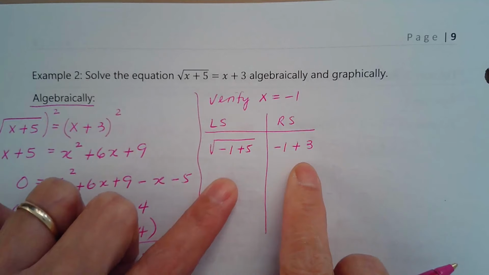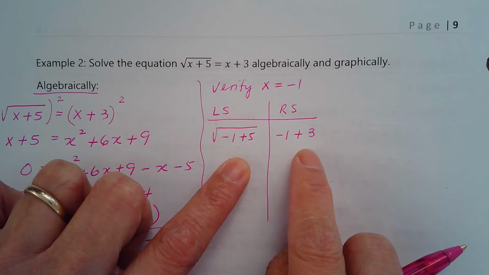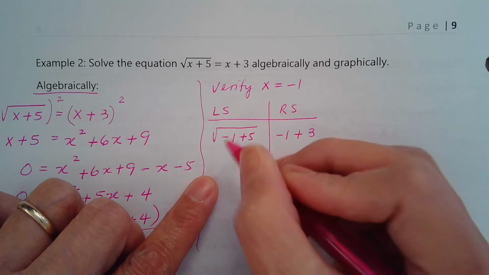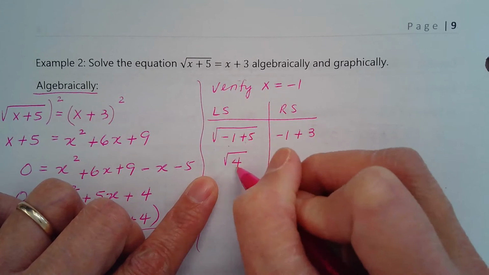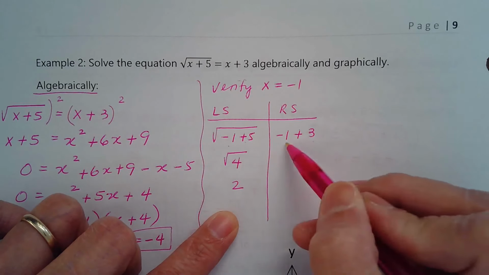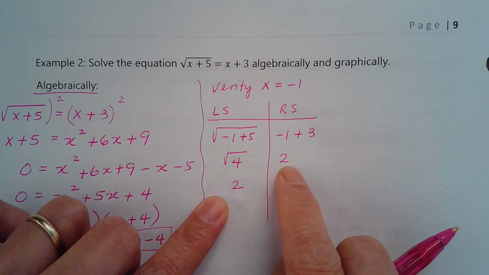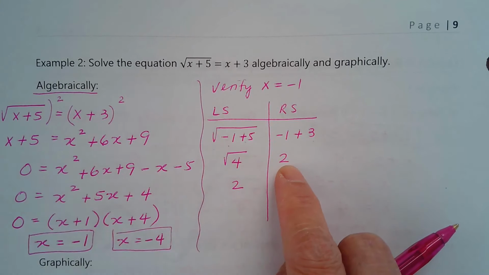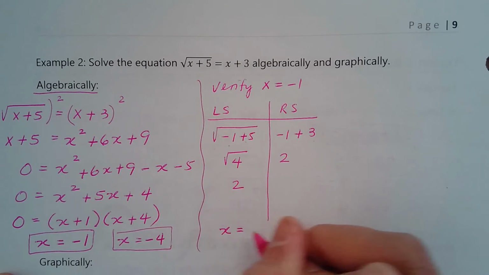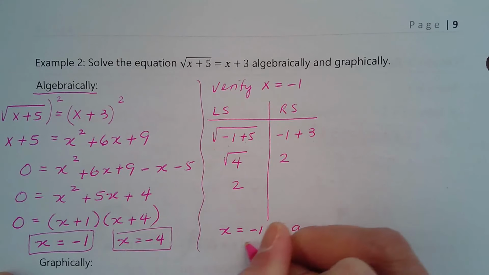Do you see that this is gonna be right away true? So square root of -1 plus 5, that's gonna be square root of 4. Square root of 4 is 2. Then over here, -1 plus 3 is 2. So left side equals the right side. So what does that mean? x equals -1 is a solution.